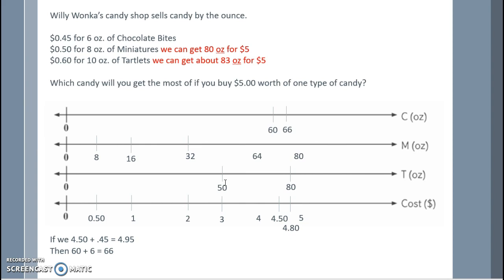If I add 45 cents, I'll be at $4.95. Add 6 more ounces, I'll be at 66. I can see from this moment on that I'm not going to be anywhere near 80 ounces. I'm only at 66 ounces and I still have 5 cents to go. So I can rest assured that the tartlets are the way better deal.